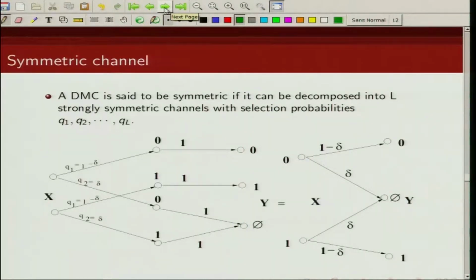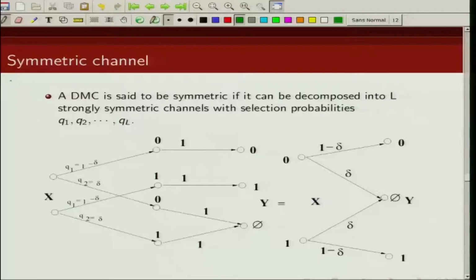Now we are going to talk about a class of channels which can be decomposed into strongly symmetric channels. This we call a symmetric channel.